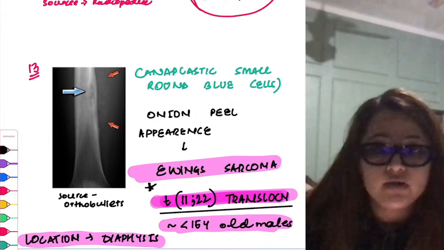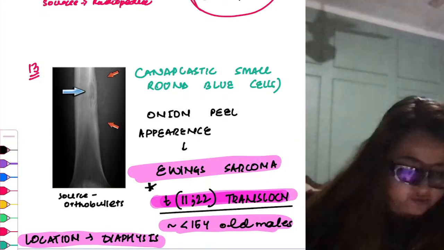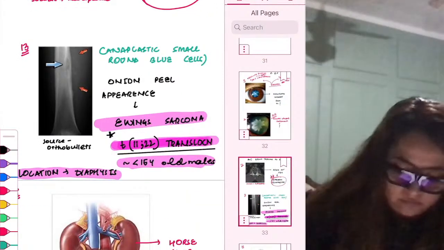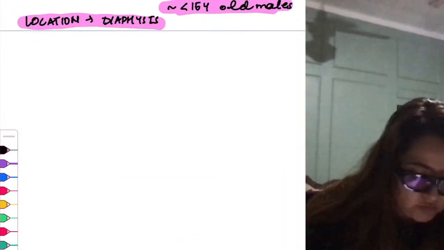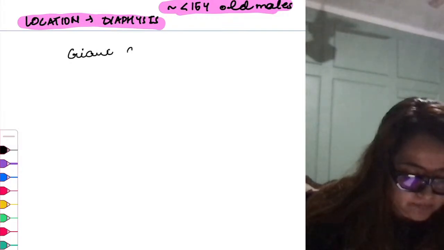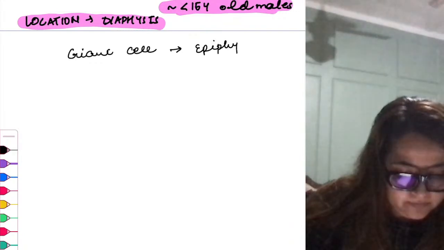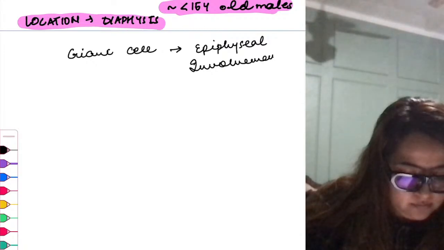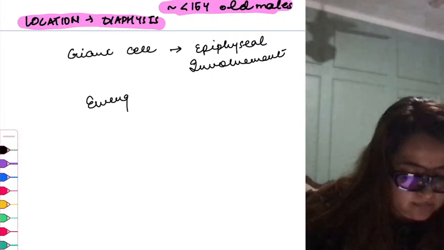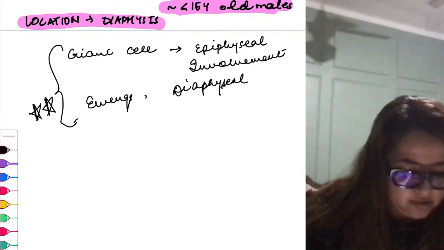If I ask you what is the location involved in case of a giant cell tumor or osteoclastoma, your answer is epiphysis. Epiphyseal involvement. Similarly, Ewing's is diaphyseal. So know these 2 points.